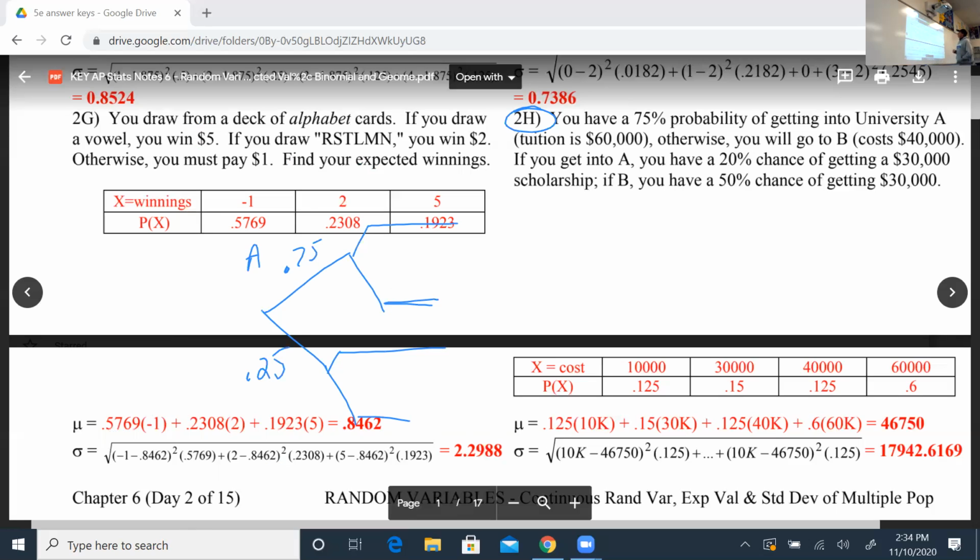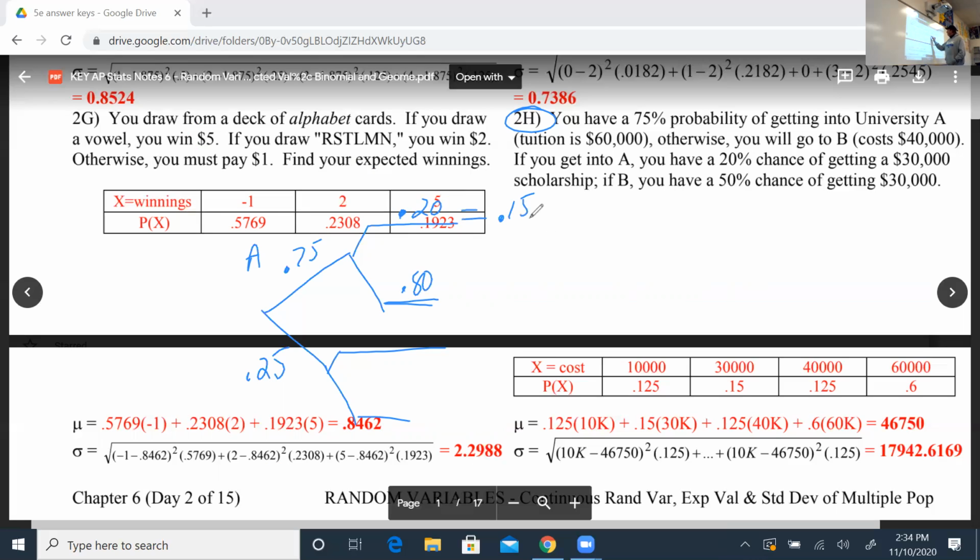Okay. So 75% chance of getting into A, and then it says if you get into A, you've got a 20% chance of getting a $30,000 scholarship. So this is 20% here, and this will be 80% then if you get into A. Okay. So 0.75 times 0.2 is 0.15.